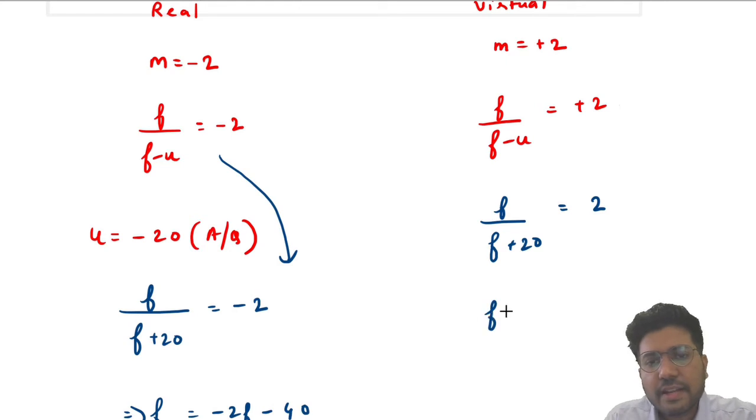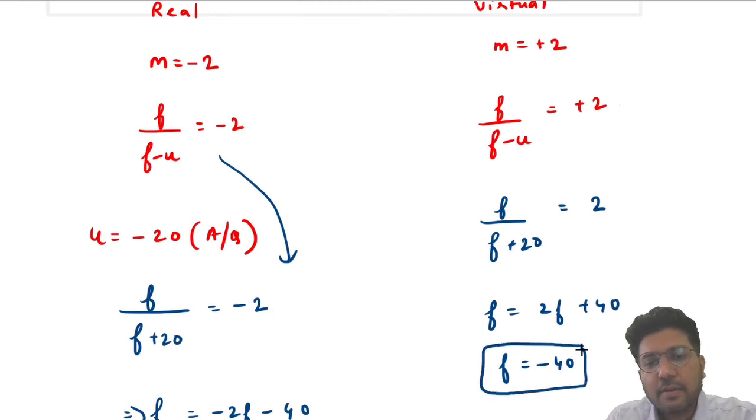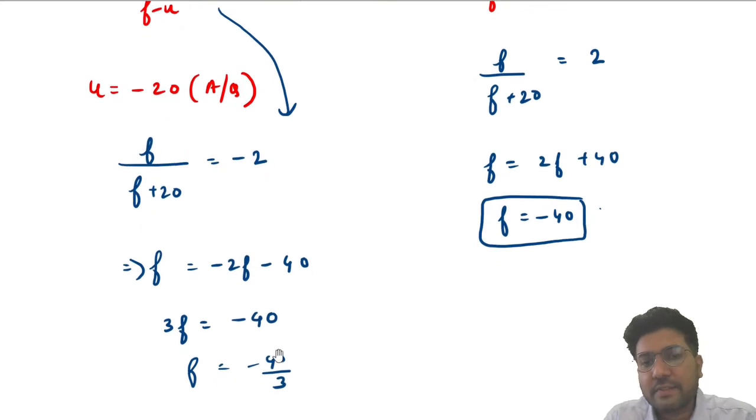So you'll get f is equal to 2f plus 40. So from this you will get f is equal to minus 40. But I have done 2 cases here, so let us read the question carefully again. In one case, when the image is real, the value of focus is minus 40 by 3. In the second case, when the image is virtual, the focus is minus 40.